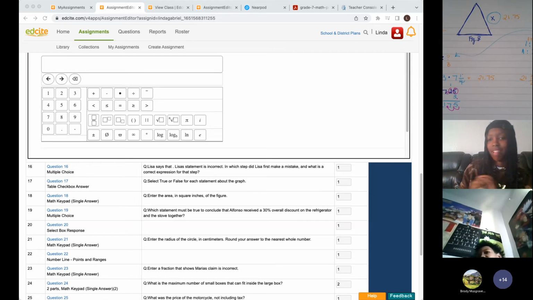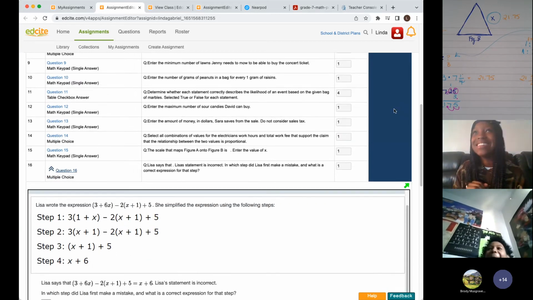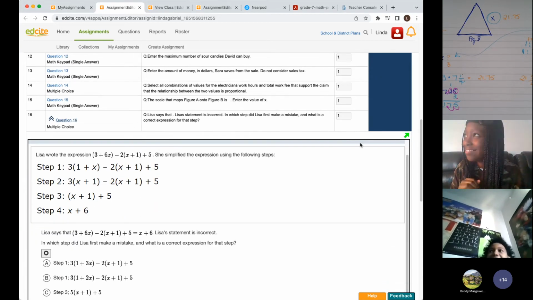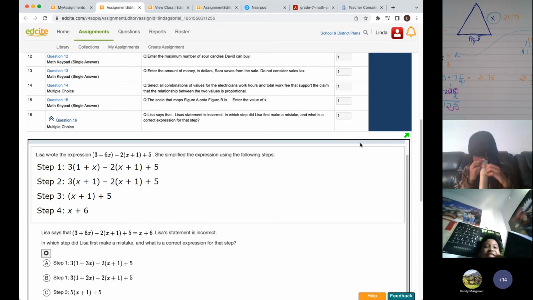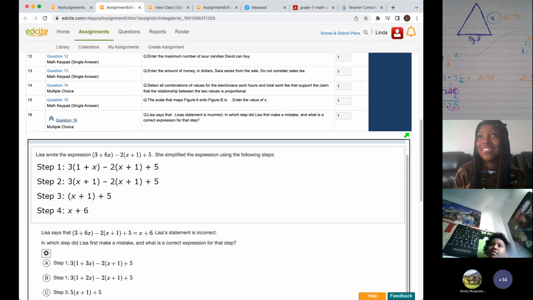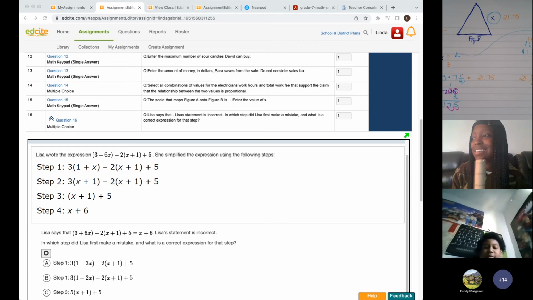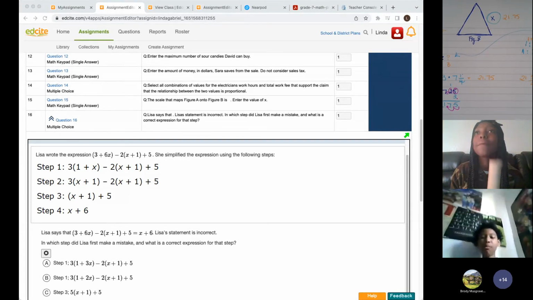All right, so next for number 16, we have, oh gosh, Lisa wrote the expression 3 plus 6x minus 2 times, parentheses, x plus 1, in parentheses, plus 5. She simplified the expression using the following steps. Lisa says that 3 plus 6x minus 2 times (x plus 1) plus 5 equals x plus 6.